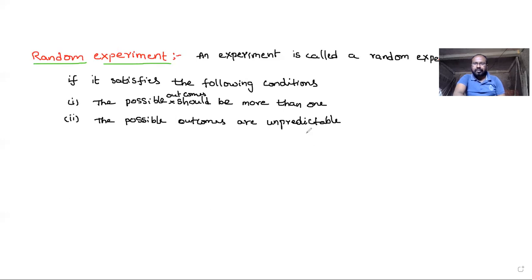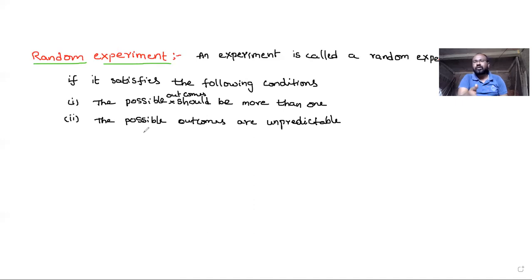That is, we cannot predict the exact, accurate outcome of the experiment. See here, in tossing the coin, the possible outcomes are head and tail, but we cannot guess the exact outcome.